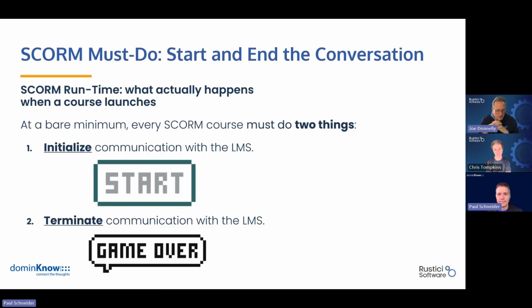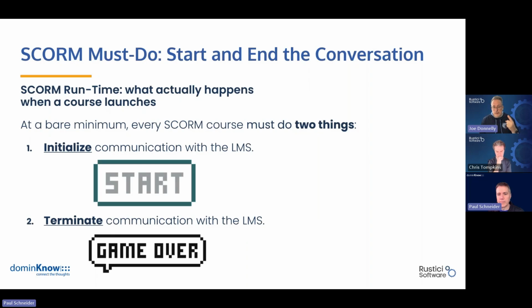Thanks, Paul. Taking a step back, I thought it might be a good idea to talk through the must-dos and also the can-dos of SCORM communication. At bare minimum, a SCORM course, after receiving the API, must do two things.